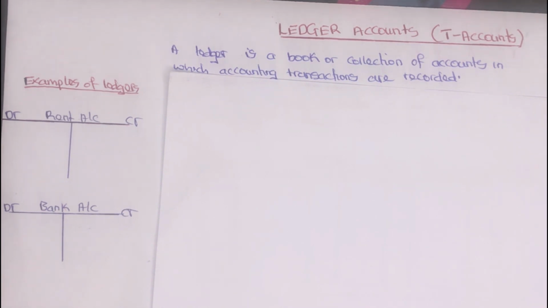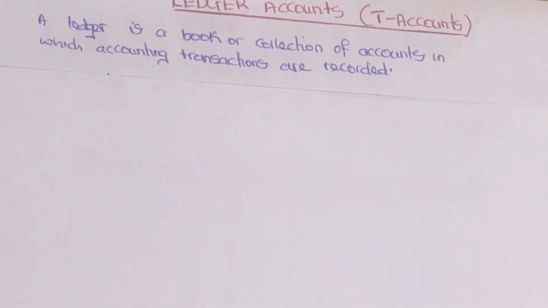And don't forget that a ledger account is the second source document: from the journal we are posting to the ledger account. There are three types of ledgers.